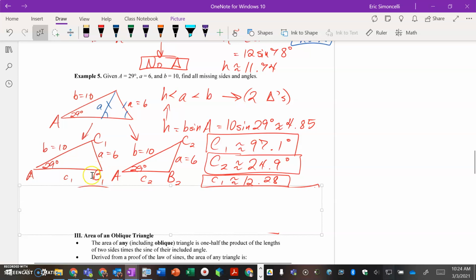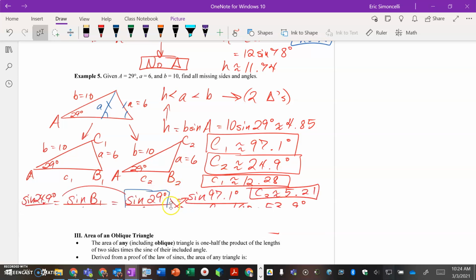I use this first triangle here, denoting this as B sub 1, second triangle B sub 2, first triangle C sub 1, second triangle C sub 2. So the law of sines will be your approach essentially when it comes to solving. You do see the answers for angle C sub 1, C sub 2, and side C sub 1, but it's the law of sines that prevails here. This is how it's going to work.